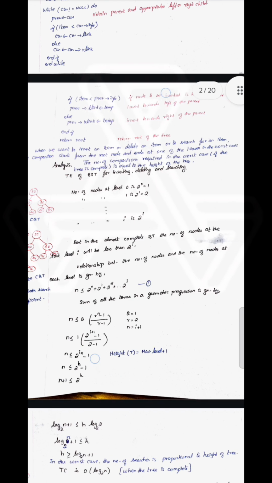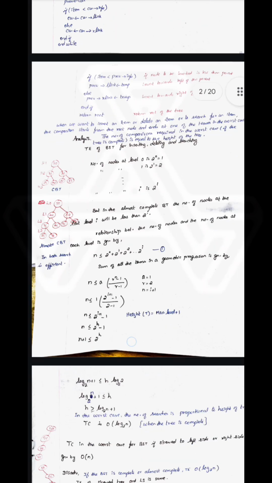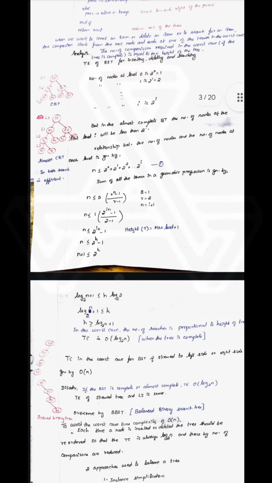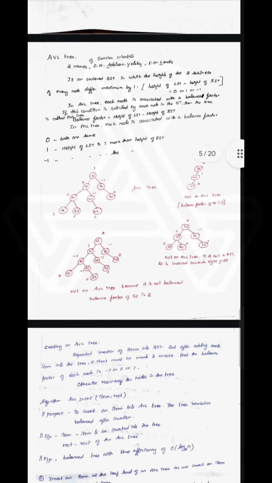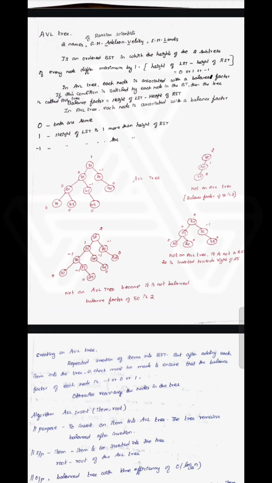In an almost complete binary tree, the number of nodes n will be less than or equal to sigma 2 power n. AVL trees: two names, Adelson-Velsky and Landis. These are Russian scientists.